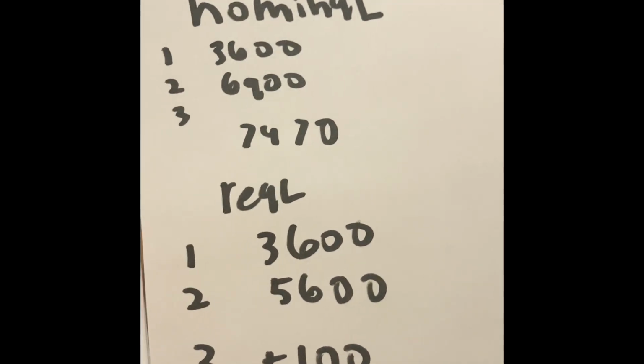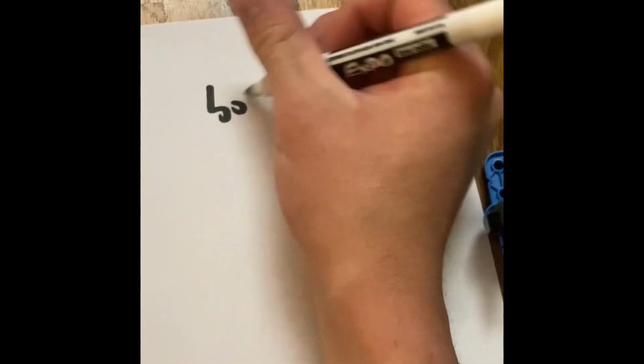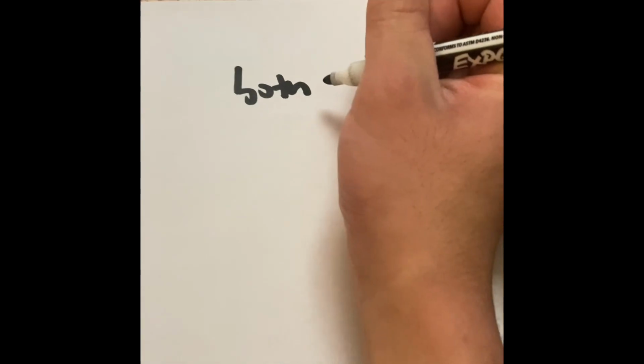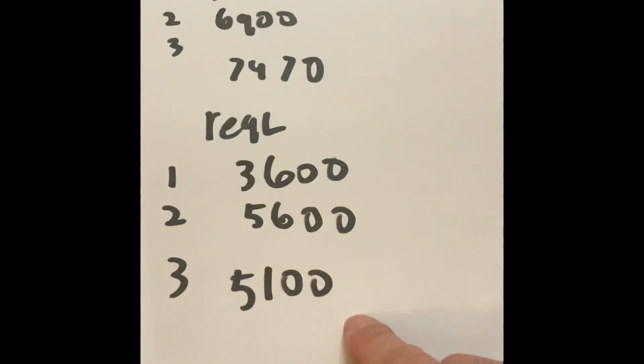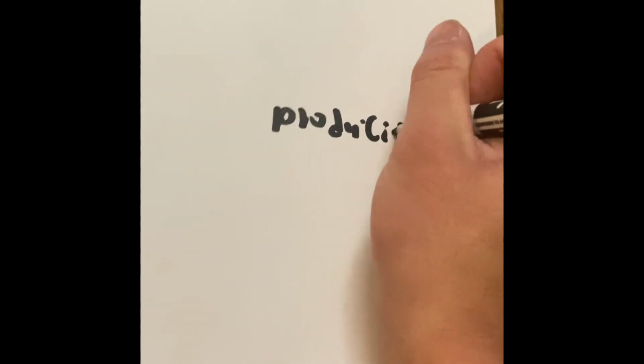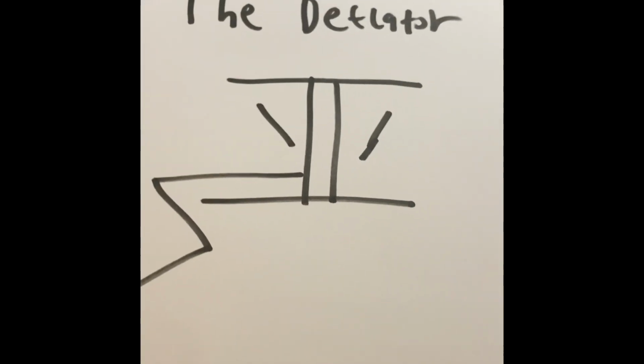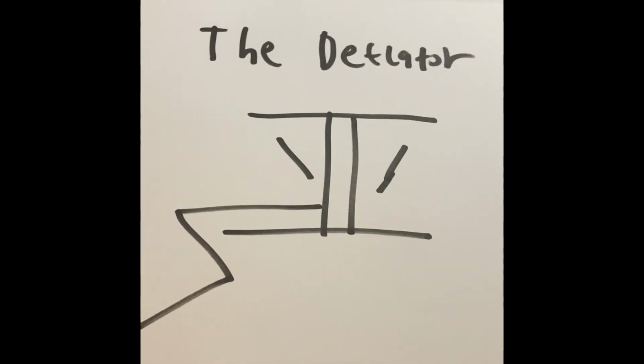I think I got an enlightenment, because if we're talking about the nominal GDP, that means we're talking about both. But if we're talking about the real GDP, we're only talking about production. The deflator is going to talk about the price and the value of the goods.